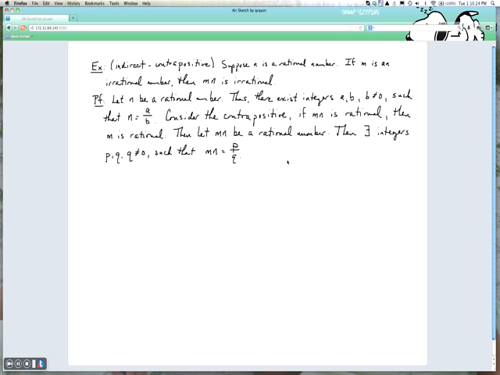Okay, period. All right, so I think you can see where we're going with this one. n is a over b. So we have m times a over b equals p over q.